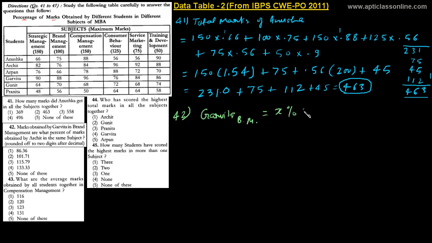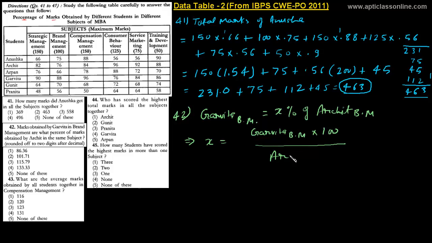If it is X percent of marks obtained by Archit in the same subject, so we have to calculate X, which is equal to Garvita's marks in brand management multiplied by 100, because X percent means X by 100, divided by marks obtained by Archit in brand management.